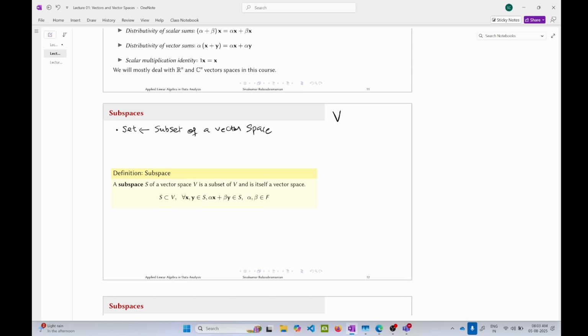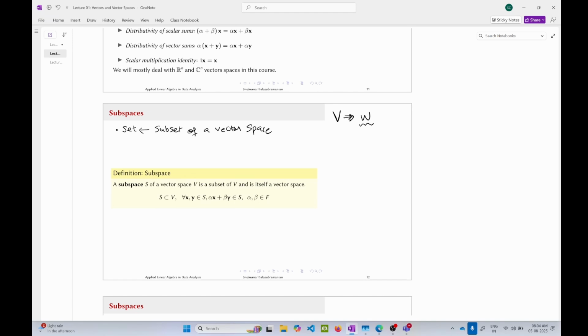That means you originally started with some set B, which you know is a vector space. And then you pull a small chunk out of it from B, and I'll call that W. And W is a subset of B. That means I've taken some elements of this original set B and put them in W. So W is a subset of a vector space. Okay, that means it's also a set.